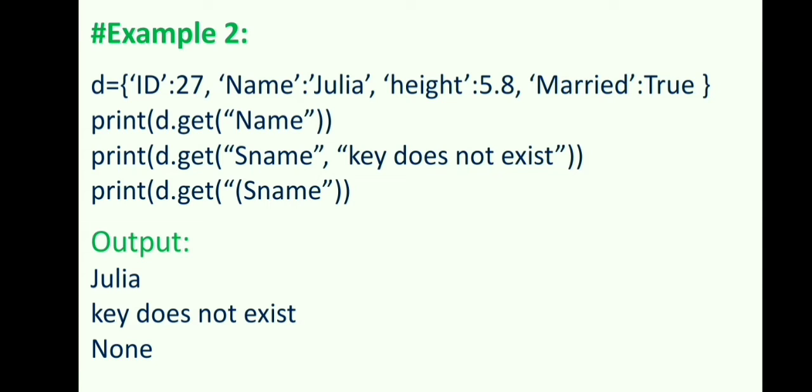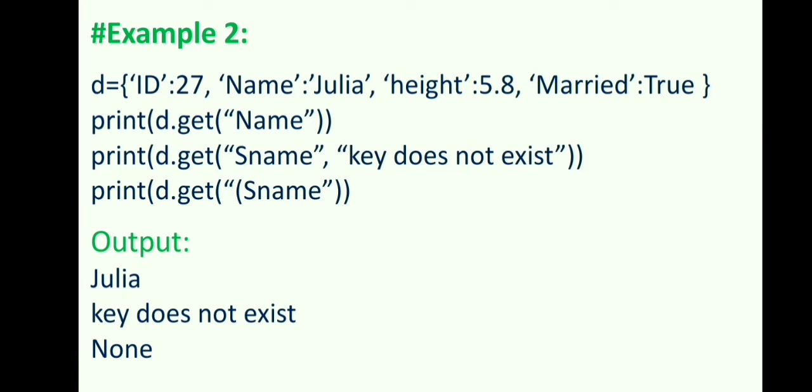In the last print statement, we have used the get method by specifying only the key sname without any default value. The format of the first print statement and the last print statement is the same, but the output will be different because if the key is not in the dictionary and if you do not supply a default value, then you get back None, the default value set by Python.